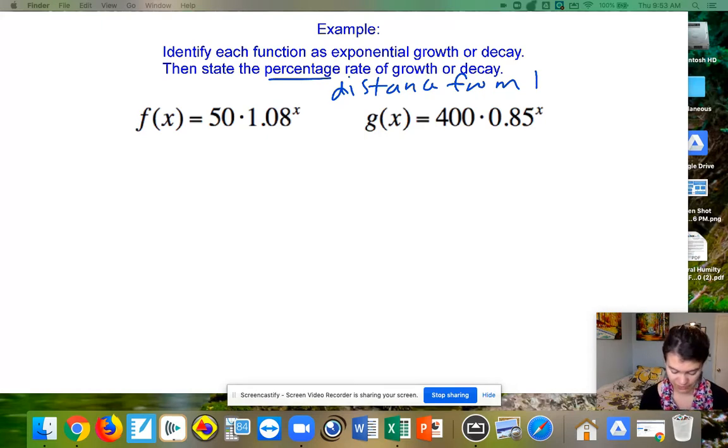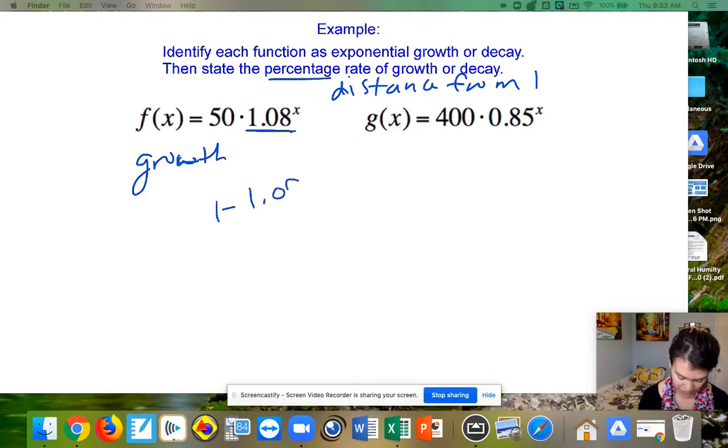So looking at this first one, decide, is this bigger or less than 1? Well, it's bigger than 1, so this is going to be growth. And then we want to figure out how much more than 1 is it. So if we do 1 minus 1.08, we get 0.08 left at the bottom. And then turn that into a percentage, so you're growing by 8%.